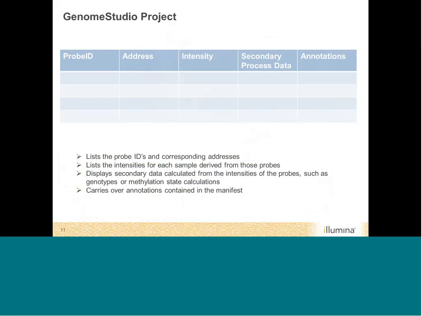It displays the secondary data that's calculated from those intensities, things such as genotypes, things that need to be derived from the intensities of the probes, methylation state calculations, things like that. And it also carries over the annotations and other information that's contained in the manifest. So this is, in a nutshell, what a GenomeStudio project is. The intensities of the probes, the secondary processed data, and the annotations.